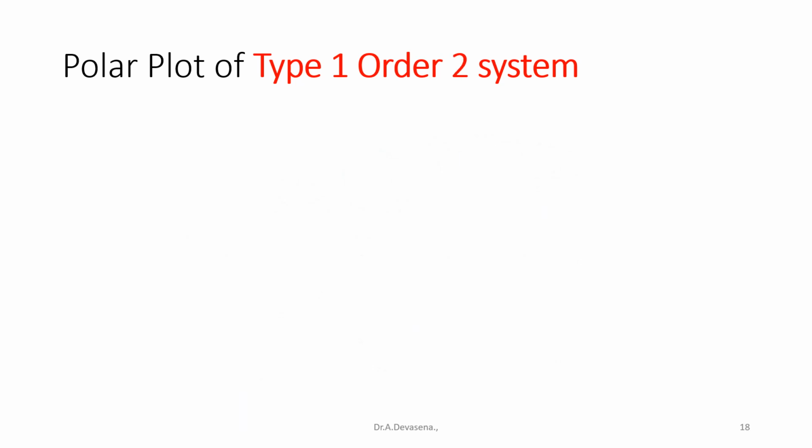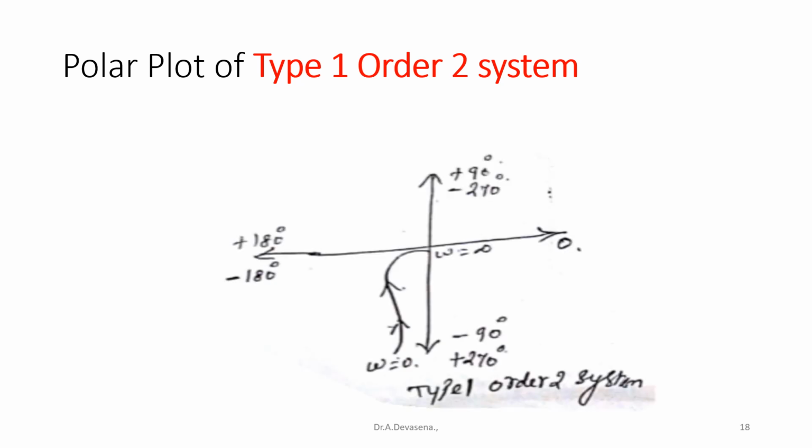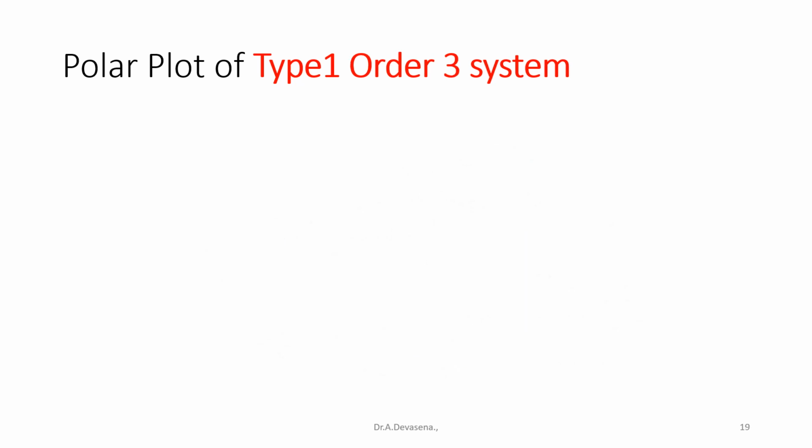Now we are going to see the polar plot of type 1 order 2 system. The diagrammatic representation of type 1 order 2 system is here. Now we are going to see the polar plot of type 1 order 3 system.